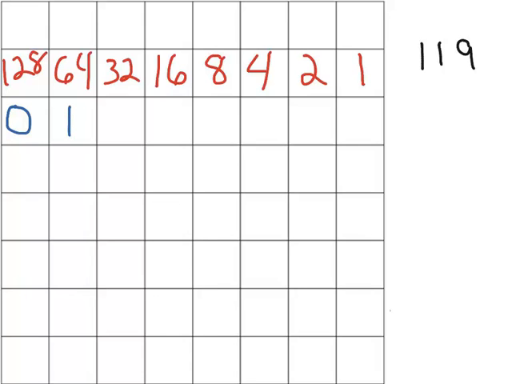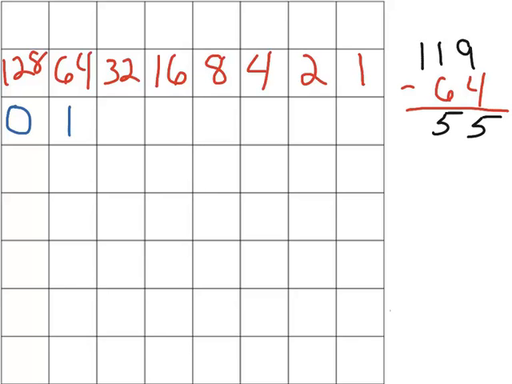After I find the closest match, I will subtract that value from my 119. So I remove 64 from 119, and I get a new decimal number. So 9 minus 4 is 5, and 11 minus 6 is also 5. So I'm left with 55.